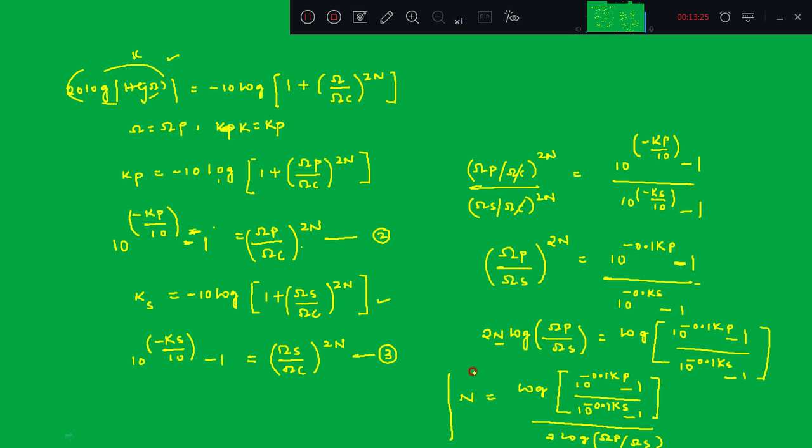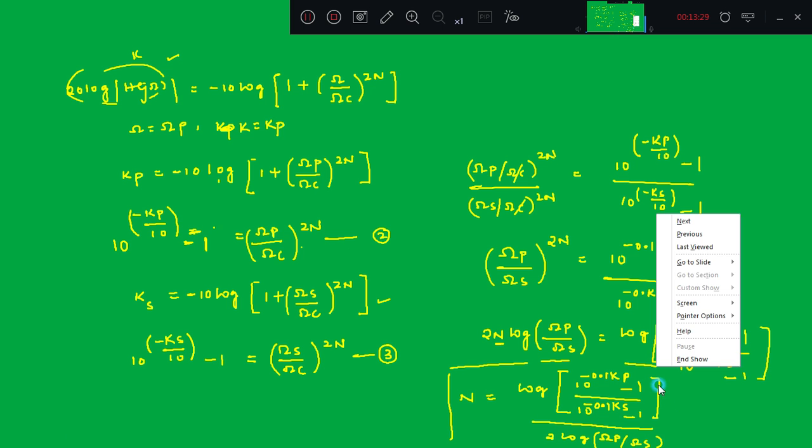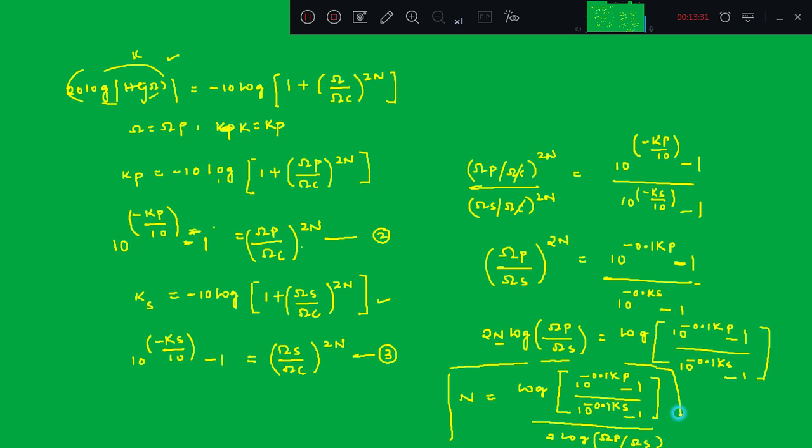So this is the expression for the order of the filter, right? Where kp will be given, ks will be given, omega p and omega s are given, right? And this omega p and omega s are analog specifications.